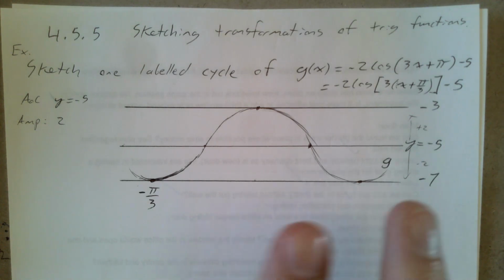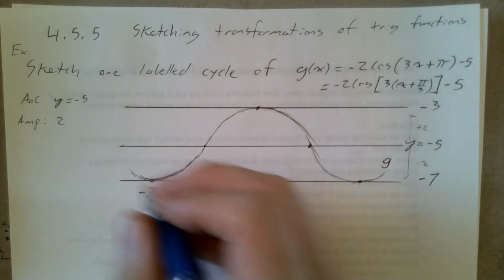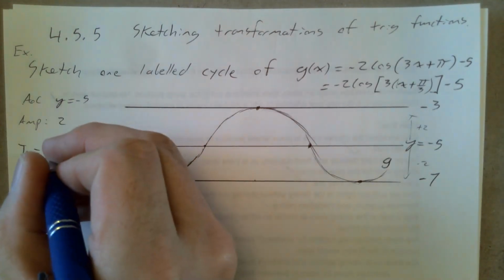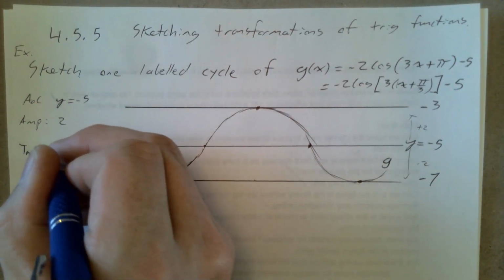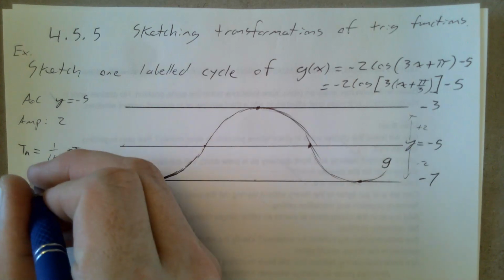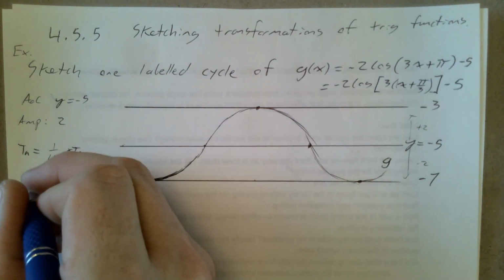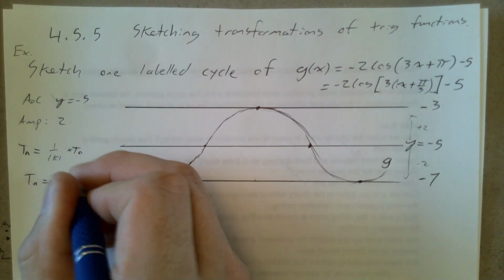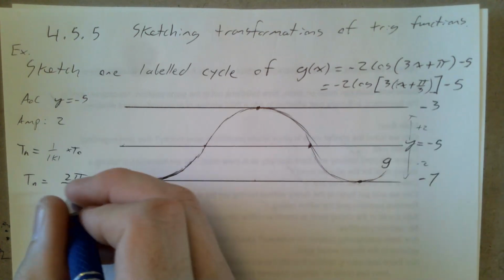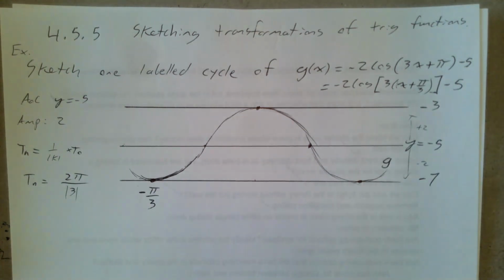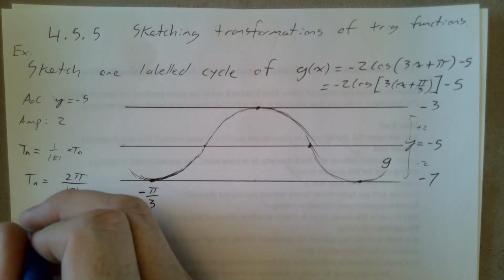Now we have our period to deal with. My new period is going to be a horizontal stretch of my old period. My original period for a cosine curve is 2 pi. And my absolute value of k in this case is 3. Notice I'm not really saying, oh, I'm stretching horizontally by 1/3.